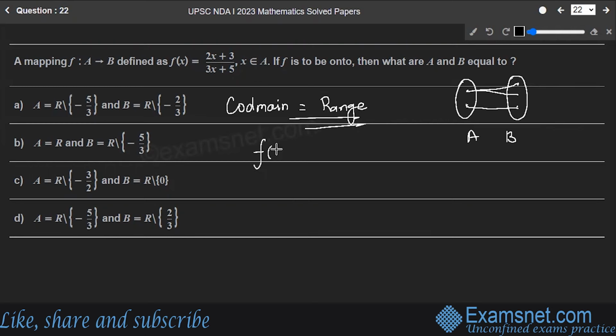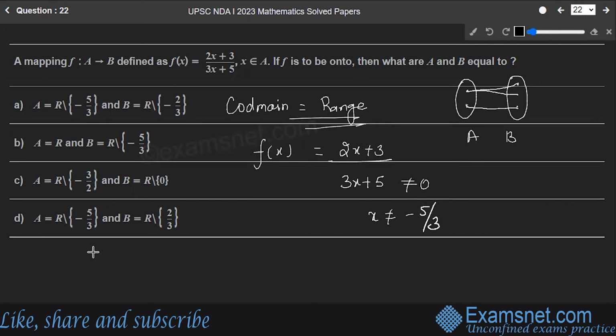You were given that f(x) is equal to (2x plus 3) upon (3x plus 5). Now, for a function to be well defined, this should not be equal to 0. That means x should not be equal to minus 5 by 3, correct?